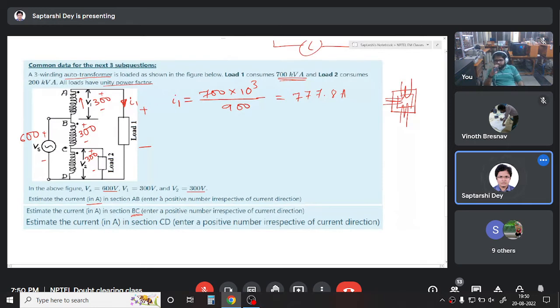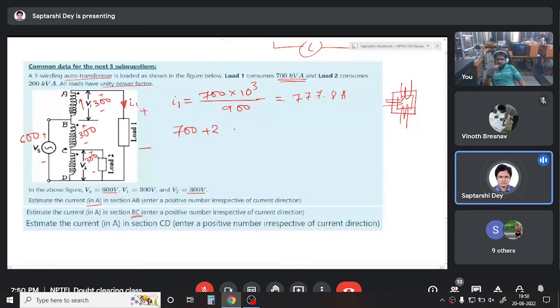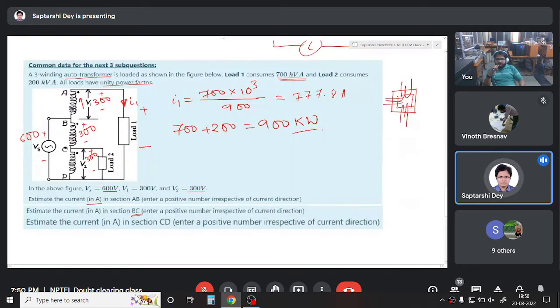How to find out? There are two loads. One load is consuming 700 kilowatt of power. The other load is consuming 200 kilowatt of power. So there is in total 900 kilowatt of power. Now this power is coming from this source. Right? All of them are at unity power factor.